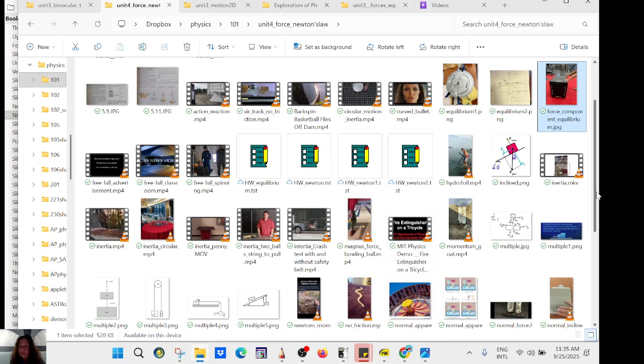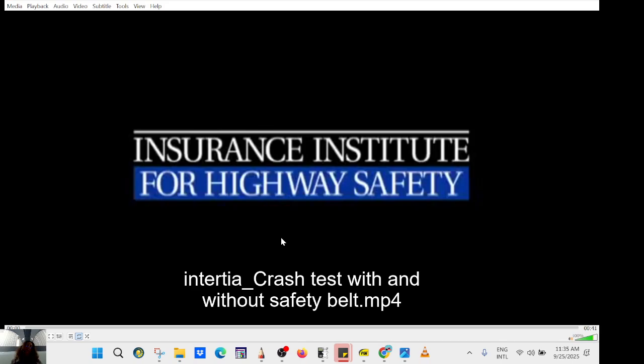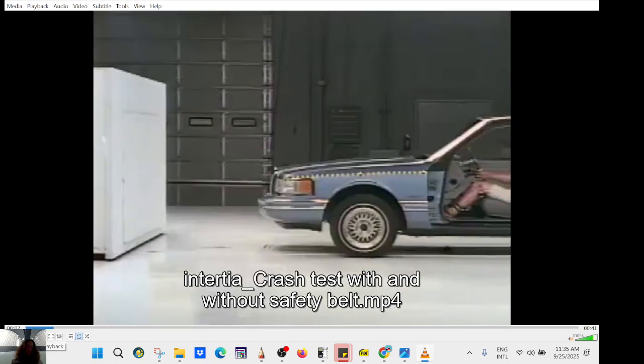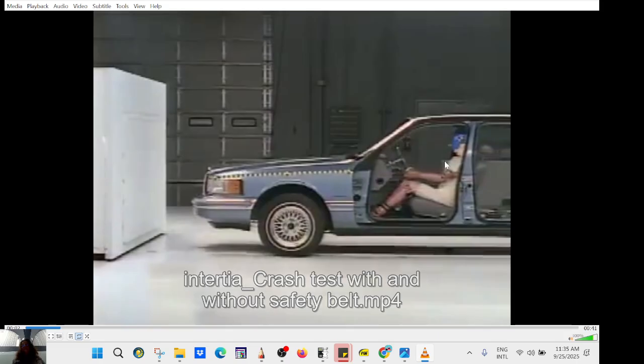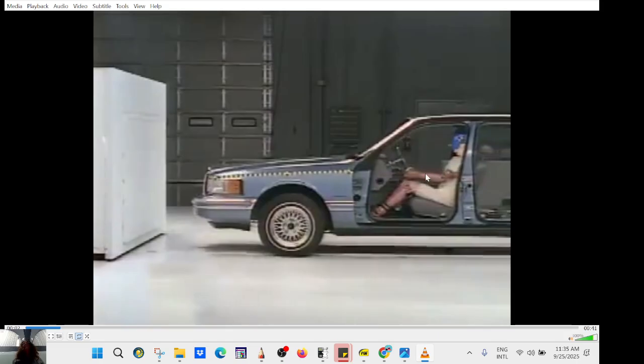And the best way to understand the law of inertia is this. Okay, so if you do not have a seat belt, the dummy here is moving at the same speed in the same direction as the car that is going to crash. What's gonna happen to the dummy? Exactly.